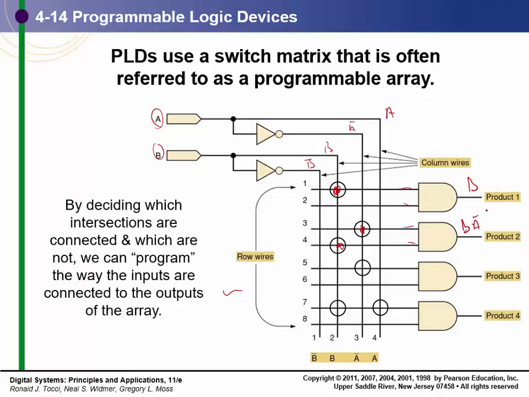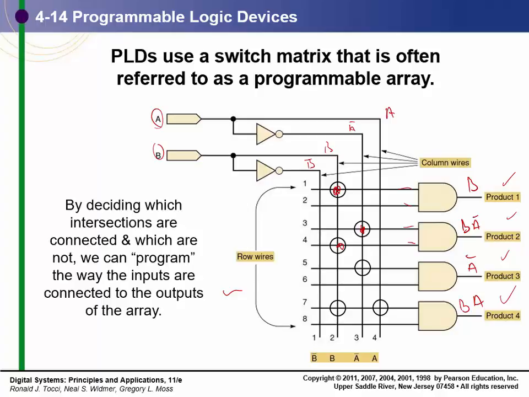This term right here happens to be A naught. This happens to be B A. So we produce these 4 products, and we can do that by electronically closing switches right here.